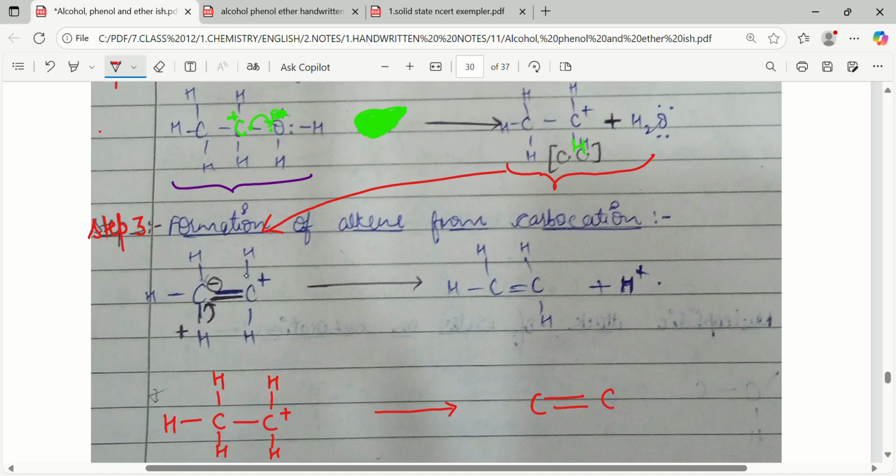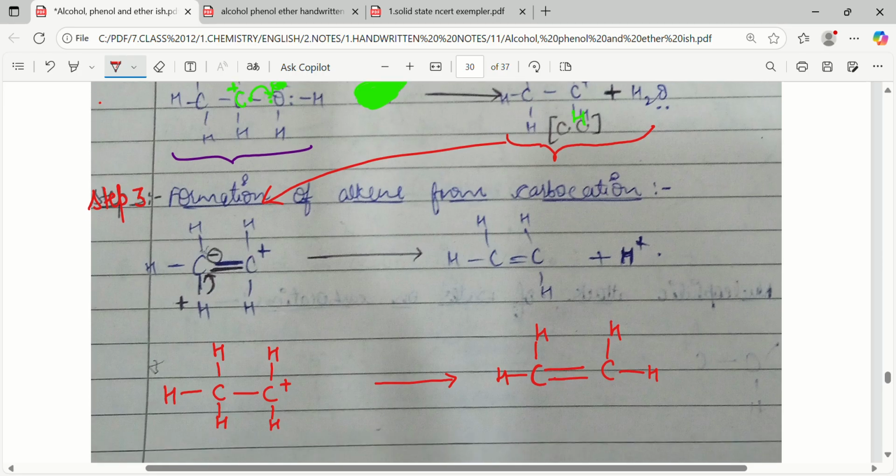So what we need on the reactant side is the double bond, right?